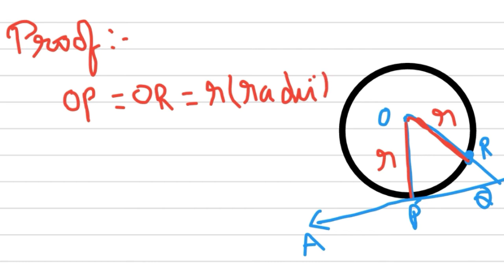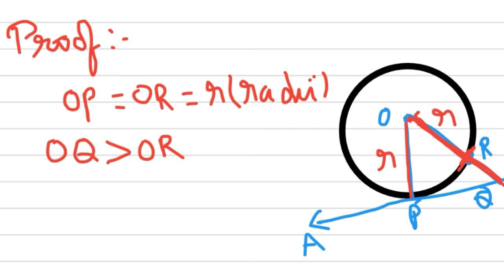Now just see the diagram. If you take OQ, it is definitely greater than OR. See here, this entire line OQ is greater than OR, this length. Isn't it?